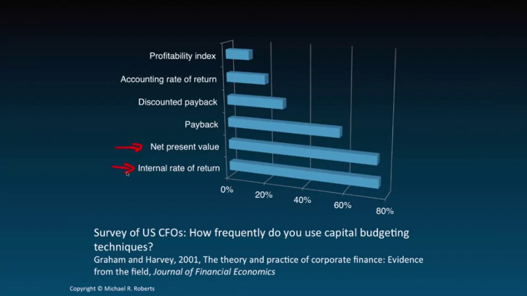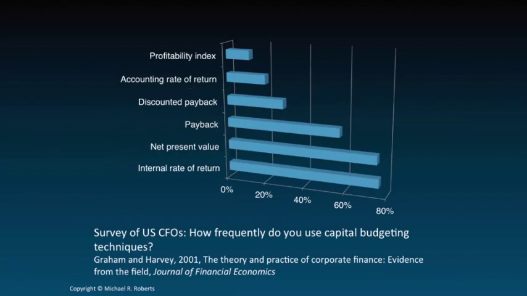That's followed somewhat closely by the payback rule and to a lesser extent the discounted payback rule. And in our discussion of DCF, while NPV is going to be center stage, we're actually going to spend a fair amount of time discussing all of these decision rules because each one actually has important information for the decision-making process, though each one also has certain limitations that we need to understand.